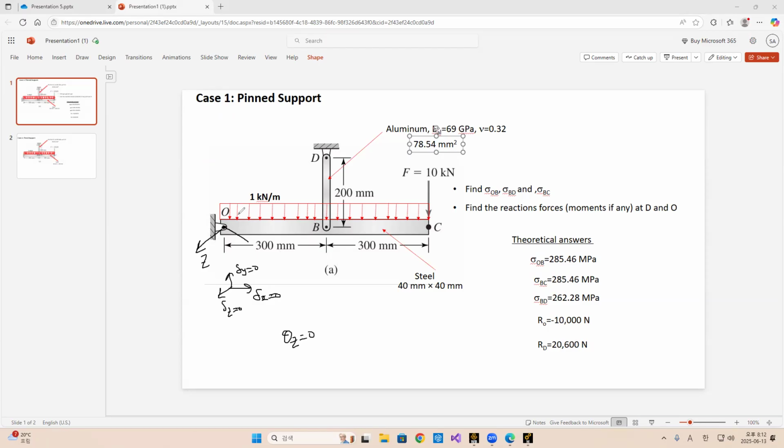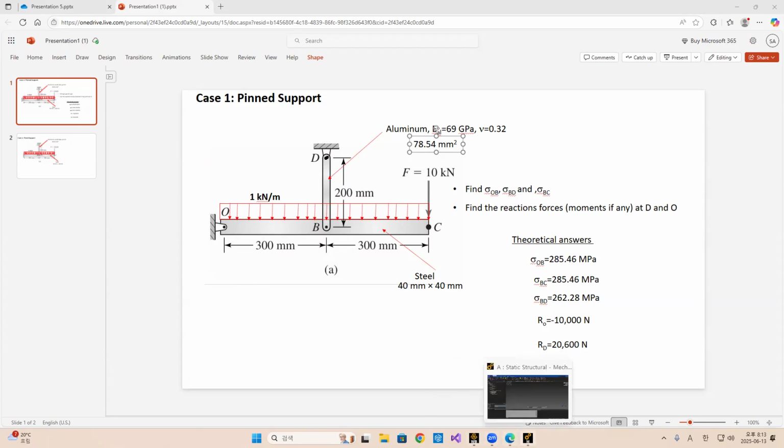I am not allowing rotation about the x axis, and I am not allowing rotation about the y axis, which is this one. Only the z direction is free, because this is the z axis. So that is a pinned joint. Here also a pinned joint.